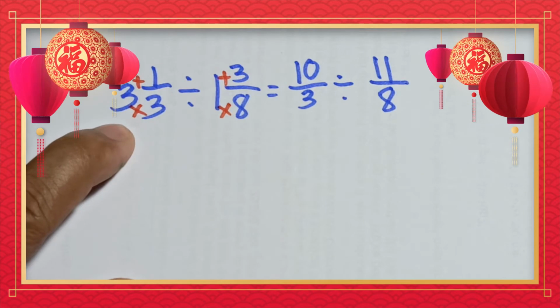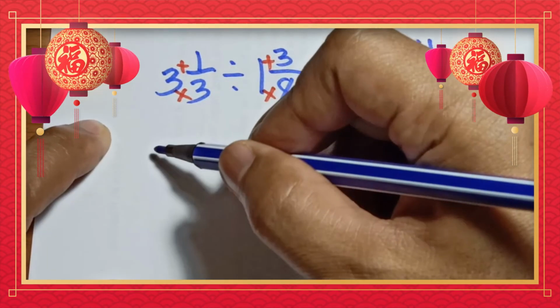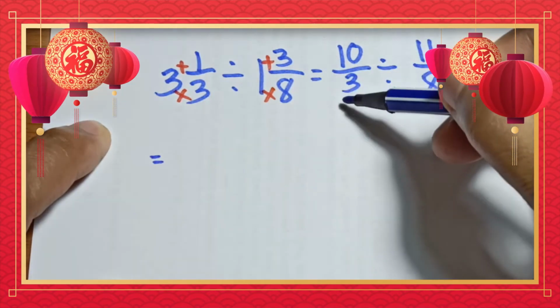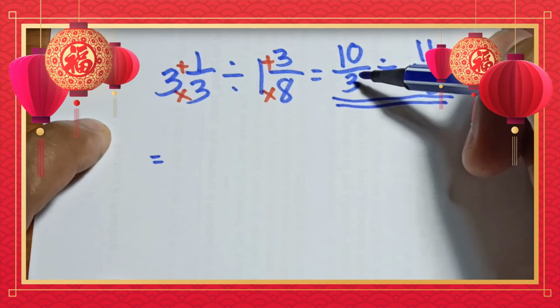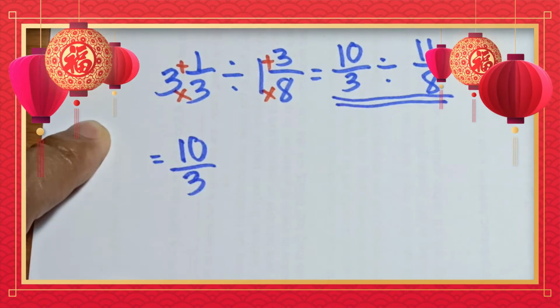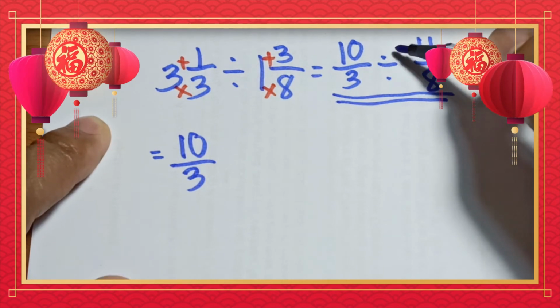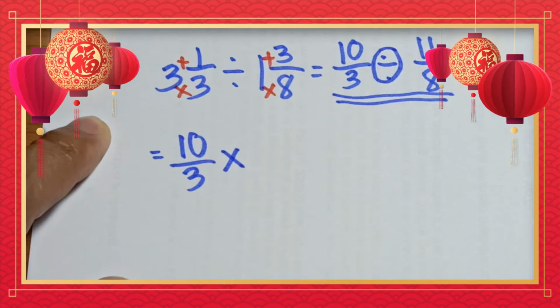Okay, now in here, we just copy the first fraction, or the dividend, and that is 10 over 3. And then instead of division, we change it into multiplication.